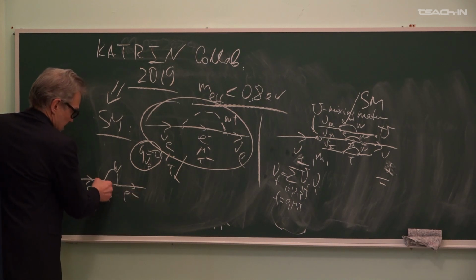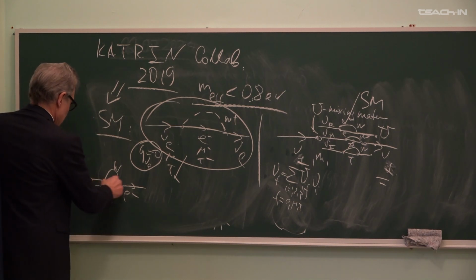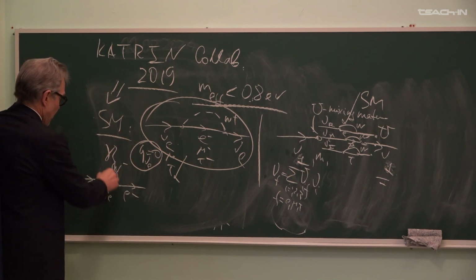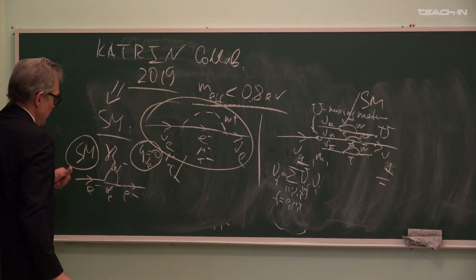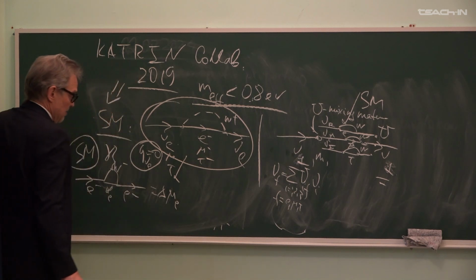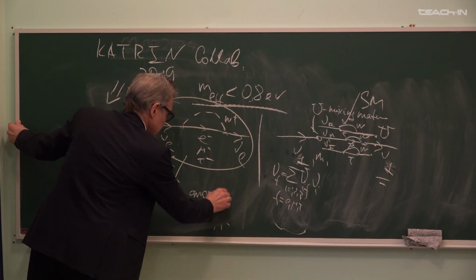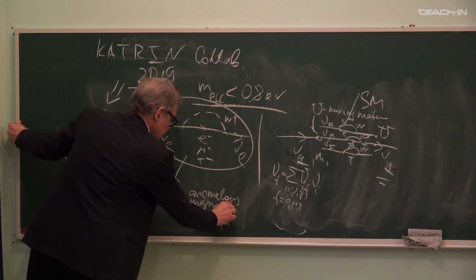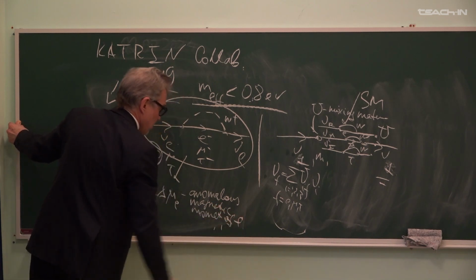Here we put an effective electron neutrino, and we can put the interaction with the photon, and standard quantum electrodynamics and electroweak theory produce the anomalous magnetic moment of the electron.